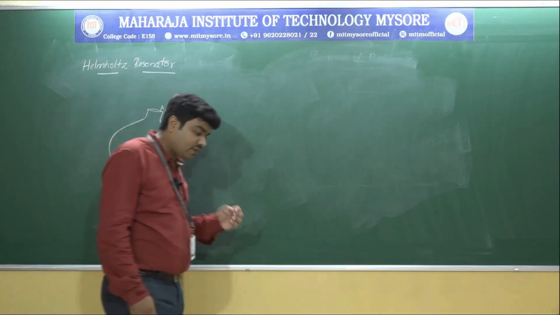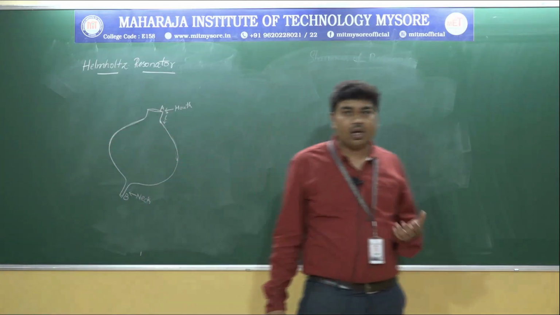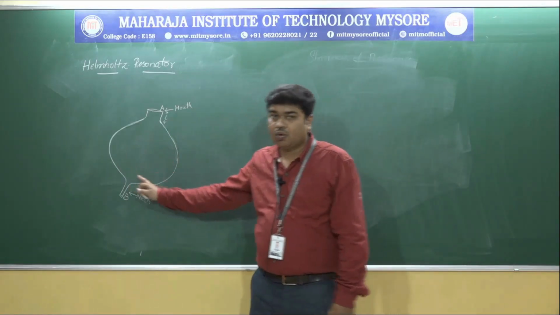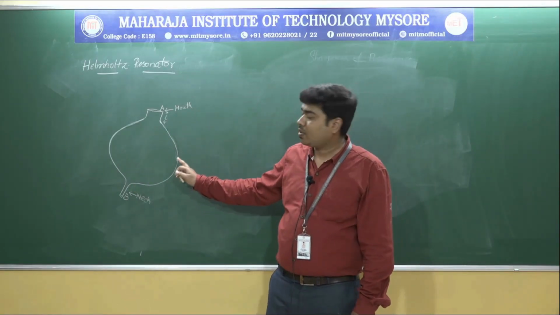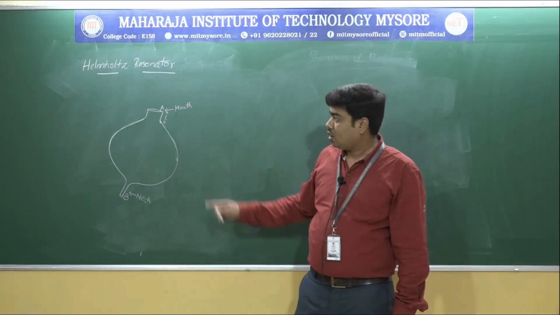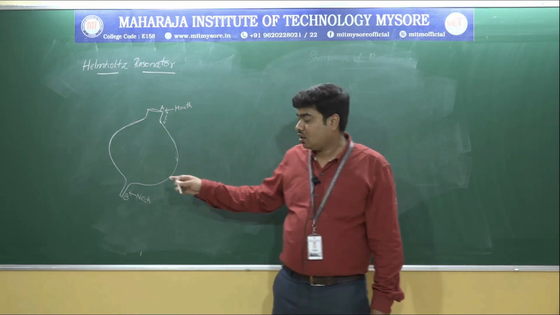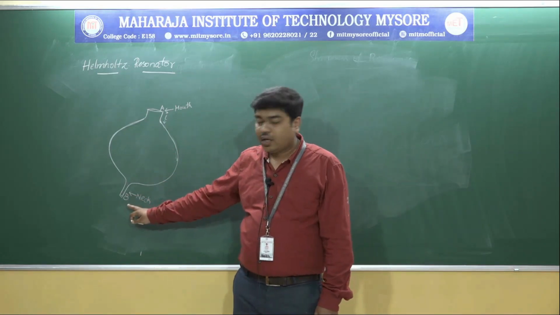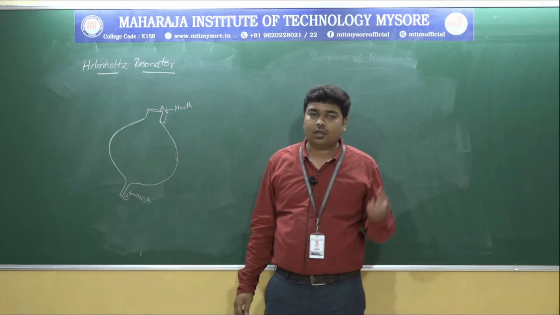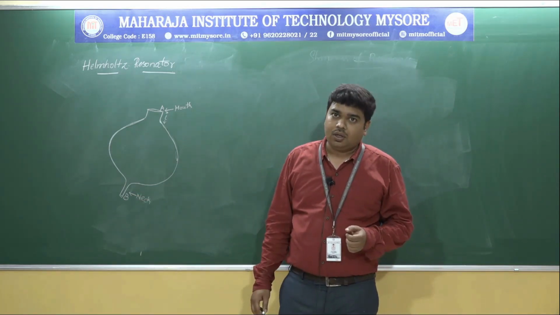When one of the components of the musical notes carried through the air has frequency same as the natural frequency of this Helmholtz resonator, what happens is that the resonance takes place and that musical note is heard through the neck end or the neck opening which is held near our ear.